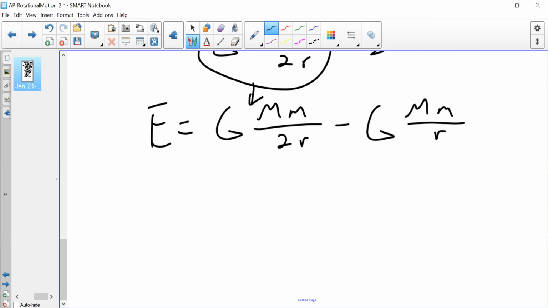Because I can't add or subtract anything unless I have the terms to be the same. If I tried it from the original equation, it wouldn't work. But when you do this, now it just becomes a matter of, okay, common denominator. You're going to get the energy to be this value, G m M over 2R.